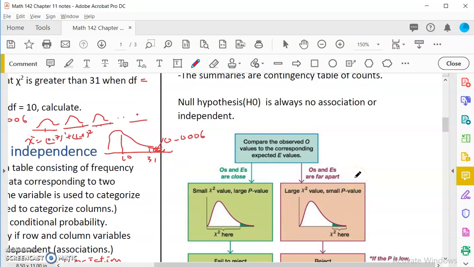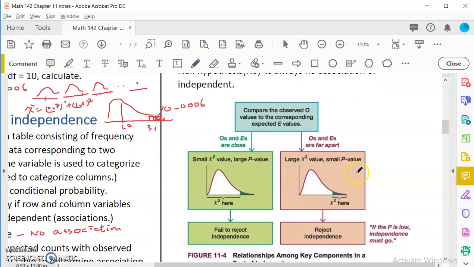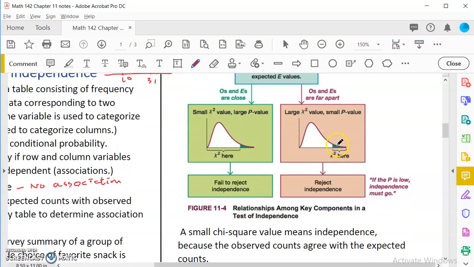When you do the hypothesis test, which is called the chi-square test of independence, you're always looking at a right tail test. If you have a small chi-square value, then your p-value is very big.